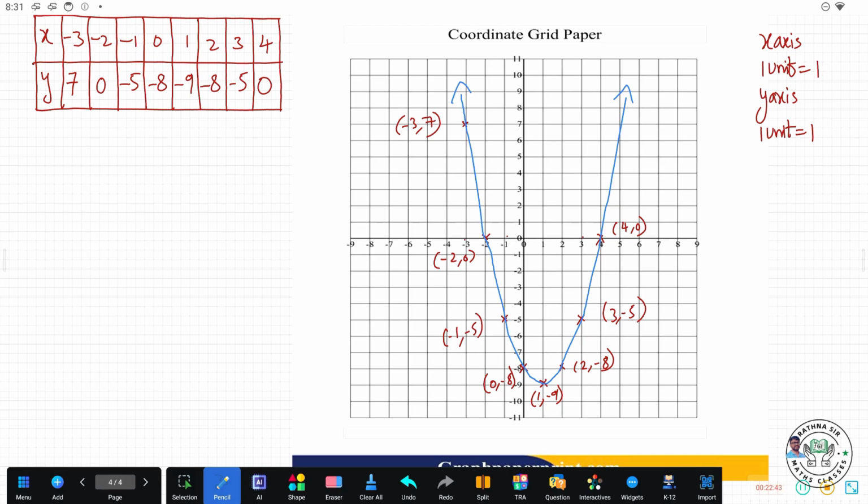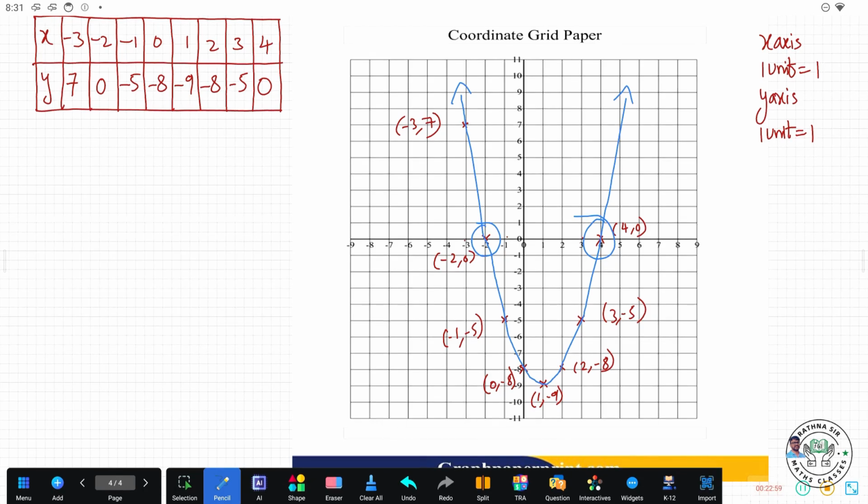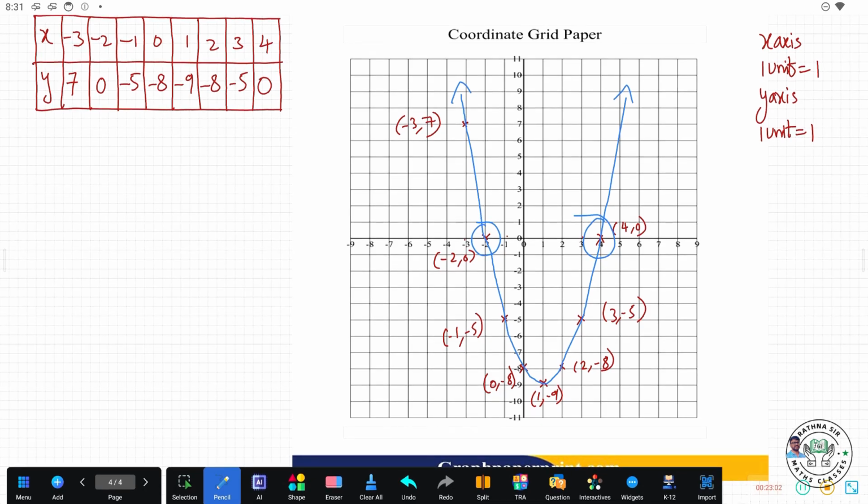Okay, so this graph we call it as a parabola. We can clearly see that it is intersecting the x-axis at 2 points. So these are the zeros of this quadratic polynomial. So this is how we draw the graphs of our given polynomials.